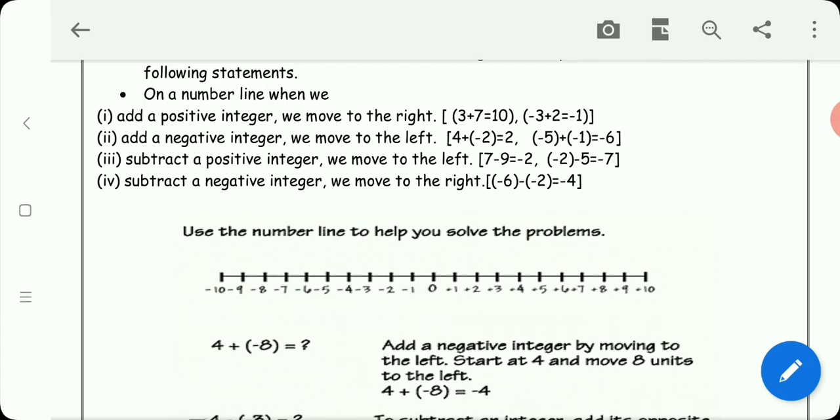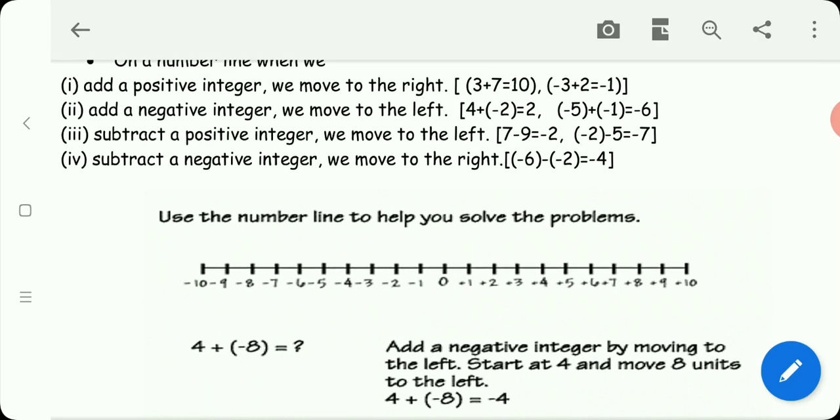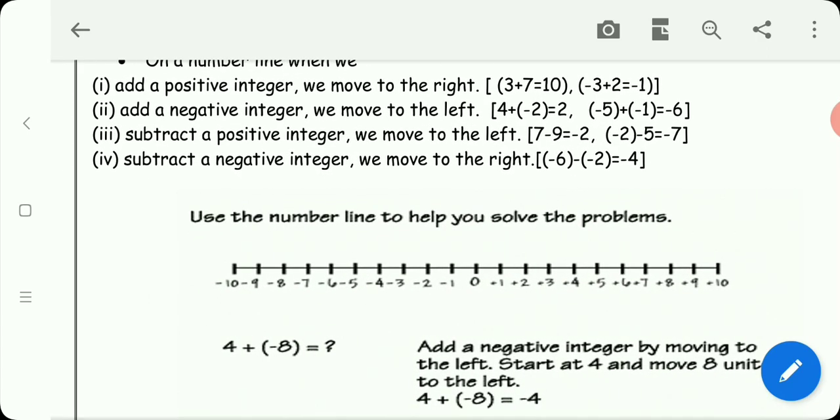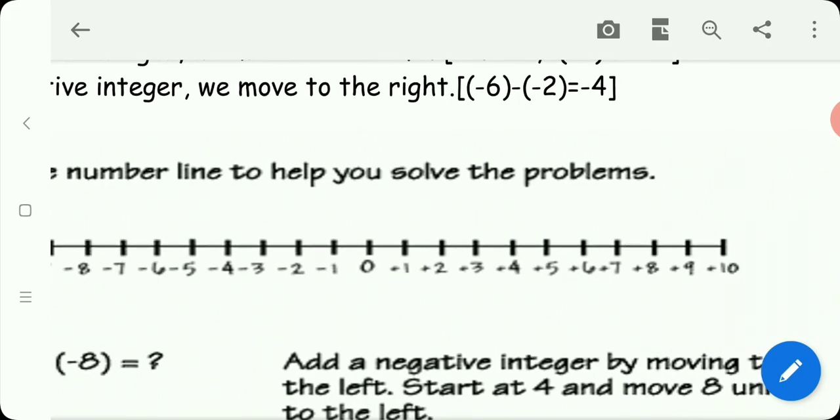Now, come to subtraction. When we subtract a positive integer, we move towards the left. Suppose that 9 is subtracted from 7. So you have to go left from 7. Here on the number line is 7.